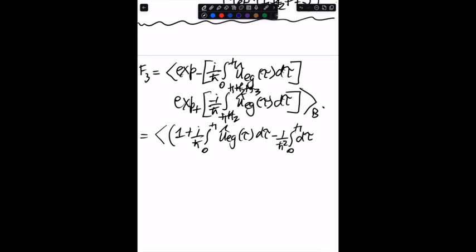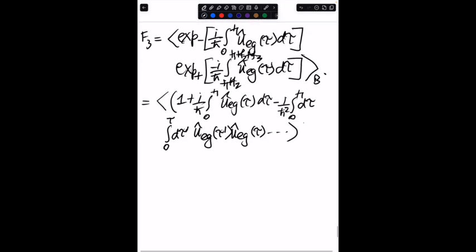You have d tau, 0 to tau, d tau prime. Then you have u hat eg tau prime, u hat eg tau. So the order will get reversed, and then you get a complex conjugate based on the properties we have discussed.